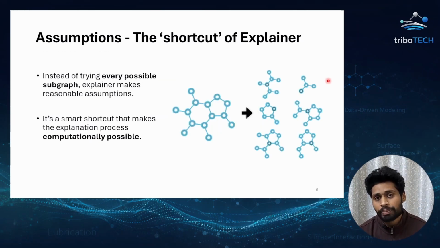Now, from the explainer's point of view, in front of an explainer are a lot of subgraphs available, among which it has to pick the important ones, and the same applies for every other substructure, for example node features. Figuring out important substructures among so many is not computationally possible for an explainer, and therefore they use some shortlisting criteria. These shortlisting criteria are called assumptions.